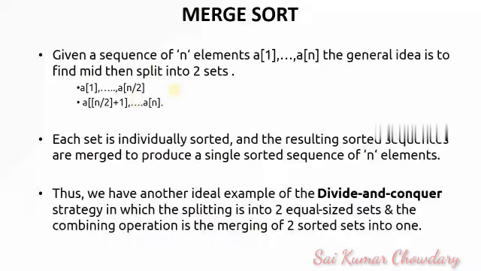So what is this mid and how do you need to split into two sets, that we need to find. I'll take an example here so that you can understand better.